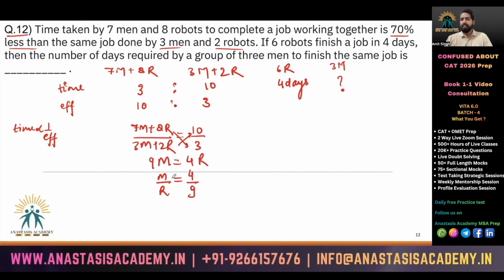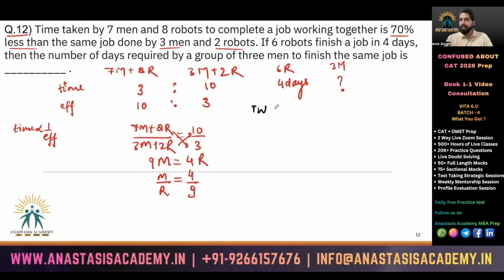So can you see, we can fairly assume these numbers, right? I can assume that a man completes 4 units per day and a robot completes 9 units per day. By using these numbers, I can arrive at the total work.